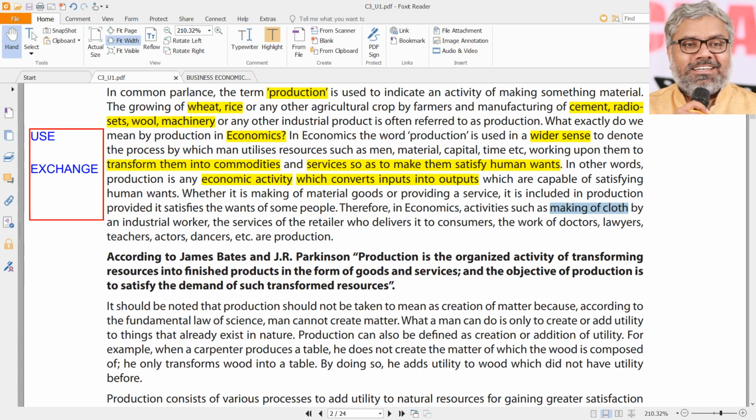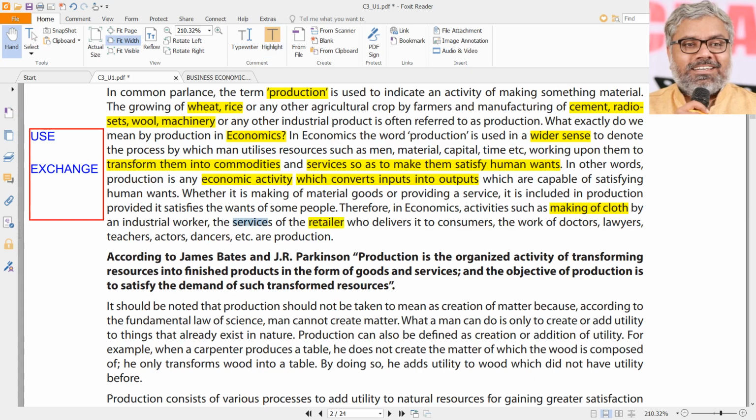In the same way, the service of a retailer, let us say, who delivers to the consumers, is it production? Amazon is not actually manufacturing anything. Mostly it is just delivering the commodities, picking up from the manufacturers and sending to the customers like us. What Amazon is doing, is it also production? In economics, yes sir, it is also production.